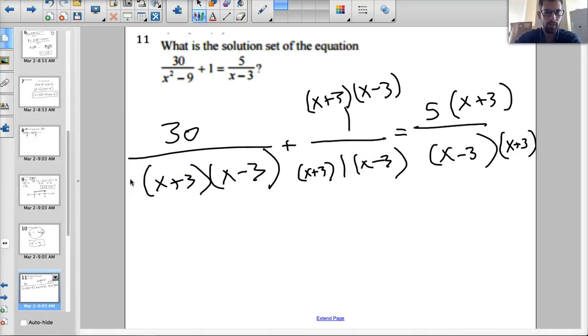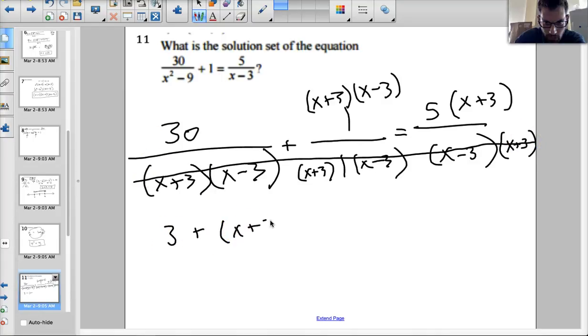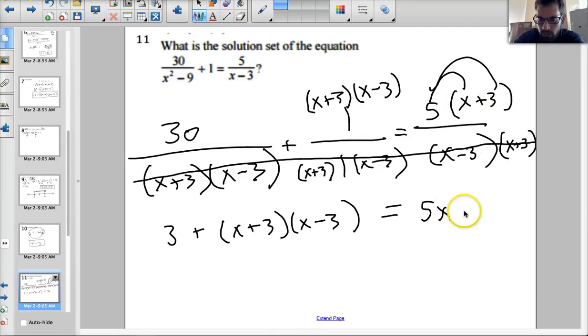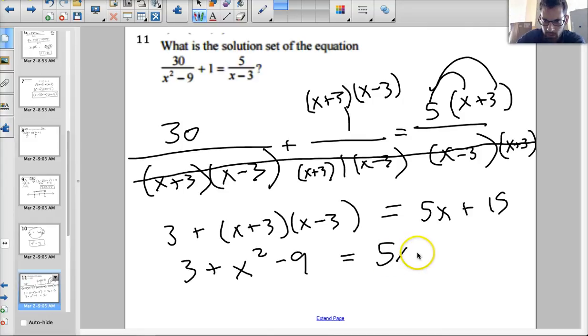And then I can ignore my denominators because they are the same on both sides of the equation. So I'm going to get 30 plus x plus 3 times x minus 3 equals 5 times x plus 3. I'll go ahead and distribute it: 5x plus 15. When I FOIL this out, I get x squared minus 9 equals 5x plus 15.